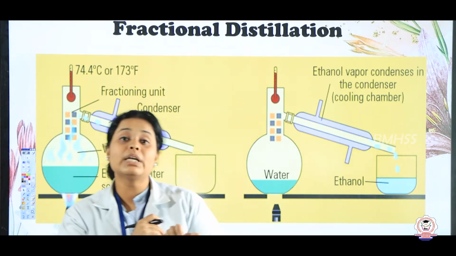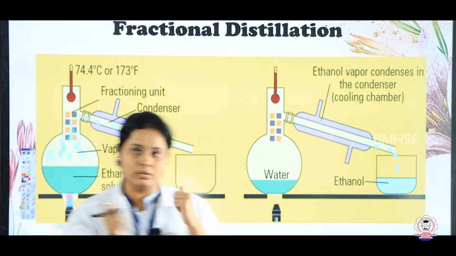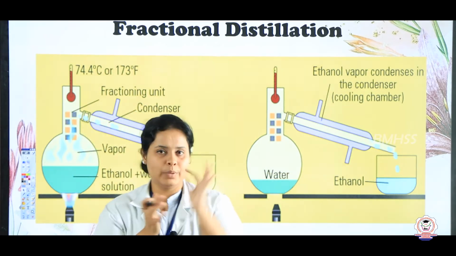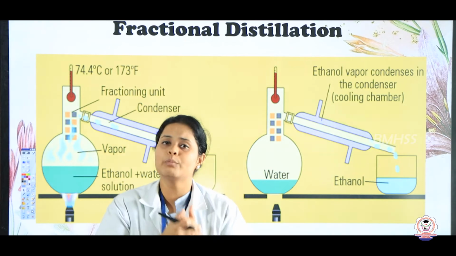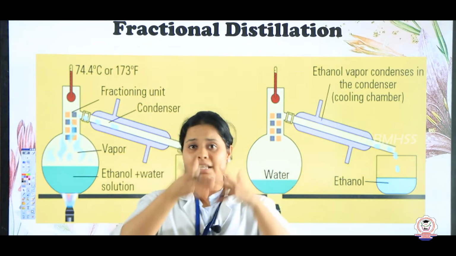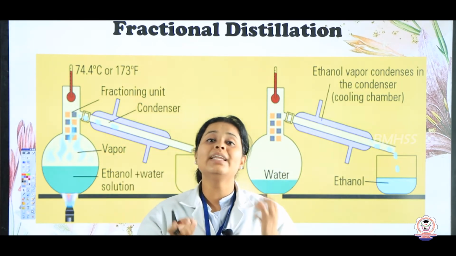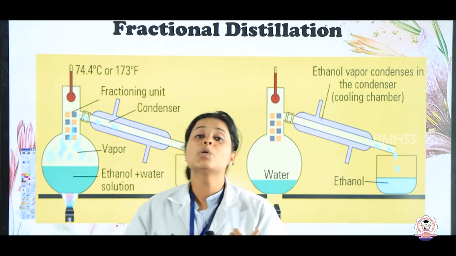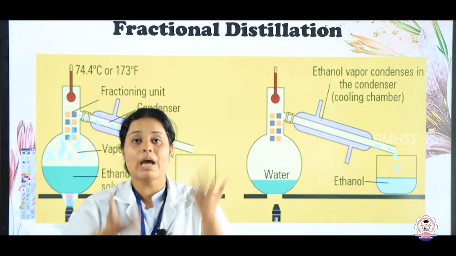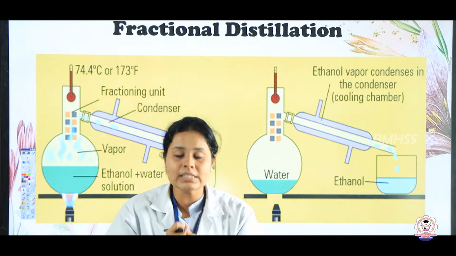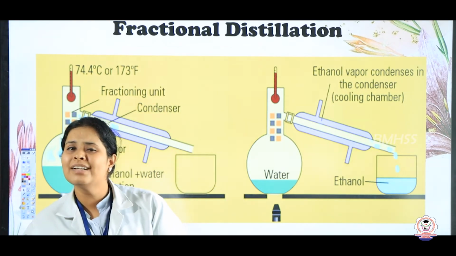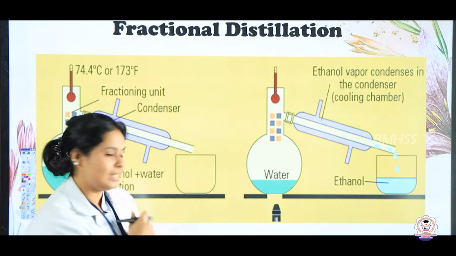For example, if we are taking ethyl alcohol and water, these both will mix very well. Now how should I separate them? Can I just heat it and remove it? No, right? I need a perfect temperature. So ethyl alcohol will evaporate at 75 degrees Celsius, and the boiling point of water is what? Yes, it is 100 degrees Celsius.